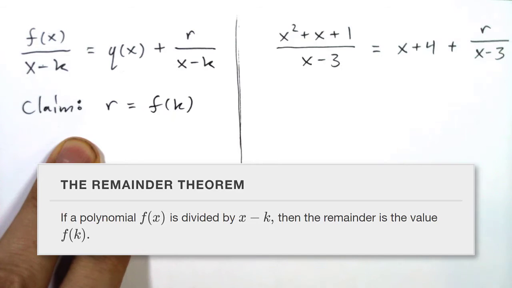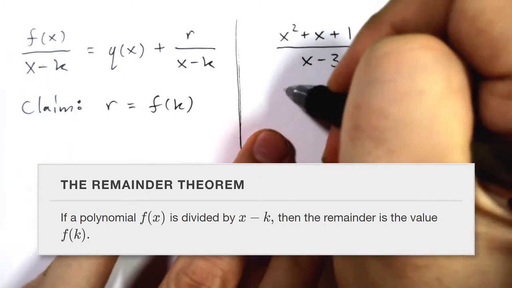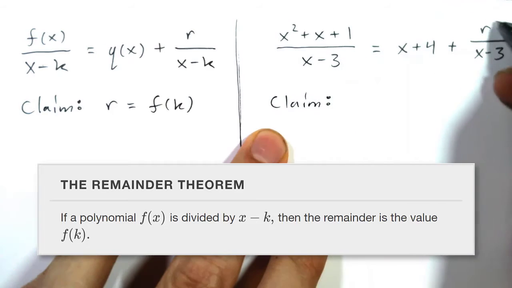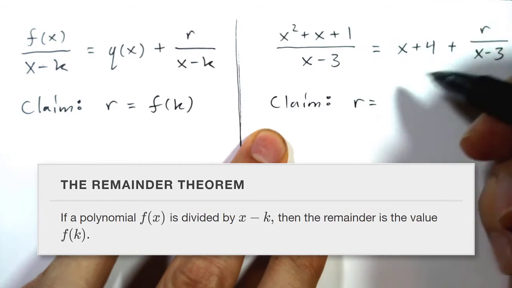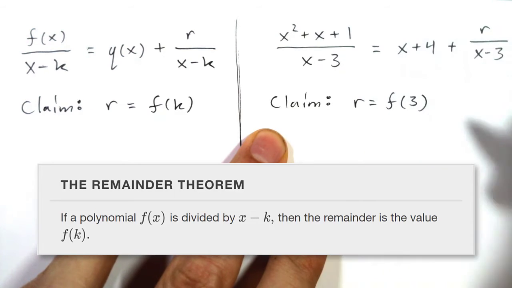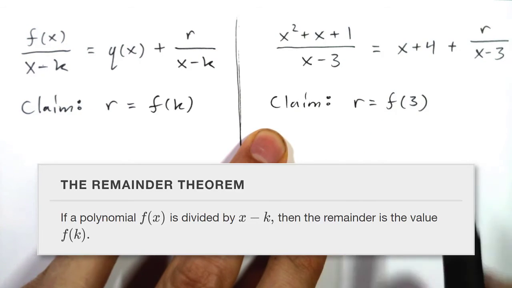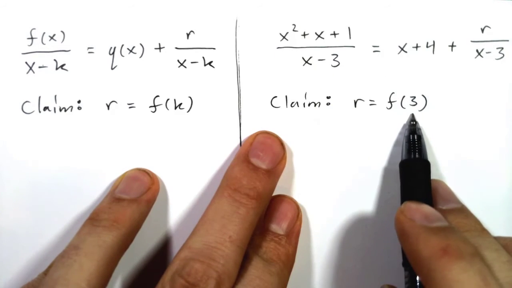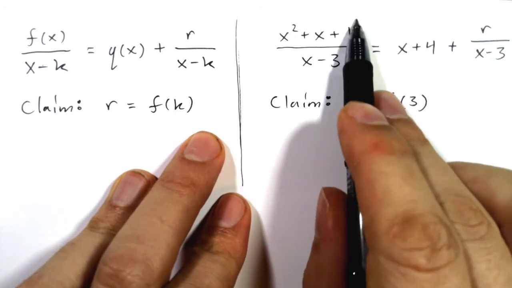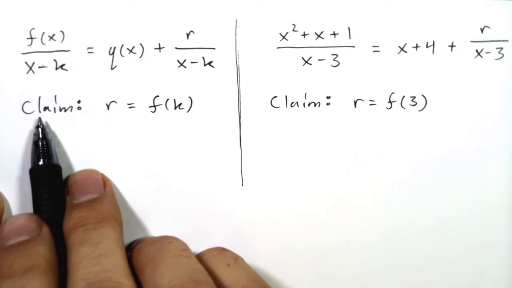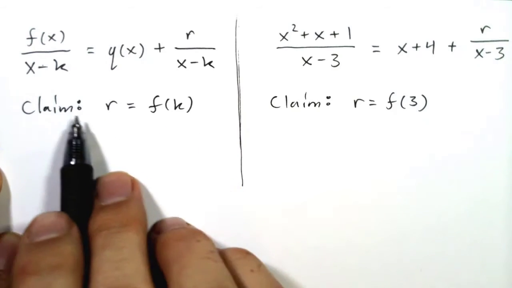So in other words, we're claiming over here that r is going to equal f of 3. My k is 3 here, right? And I can actually compute what that's going to be. f of 3, you could plug 3 into this expression and you can see what it's going to be, right? But let's see why it is. So let's do it in the abstract sense over here.